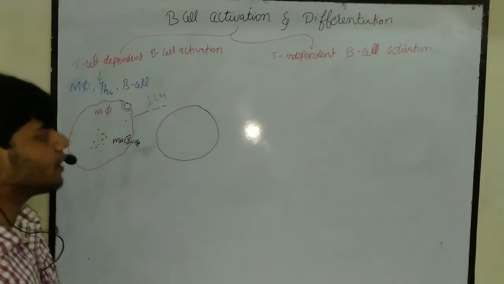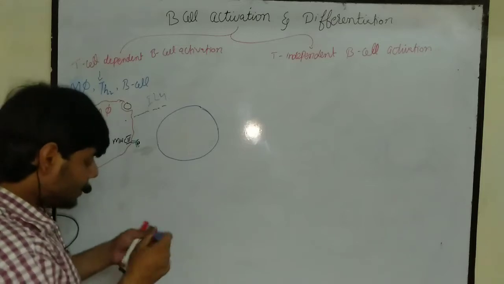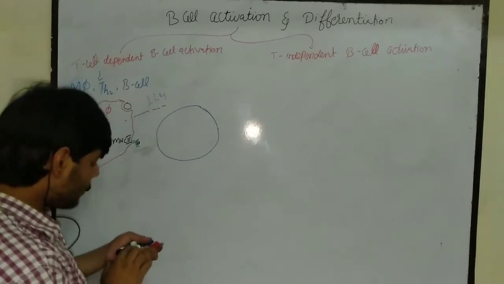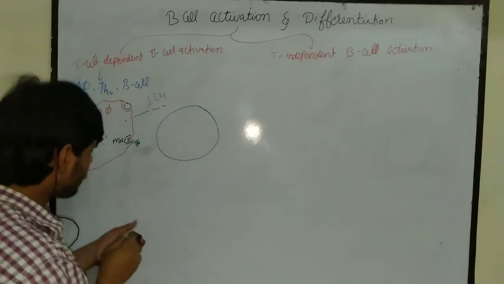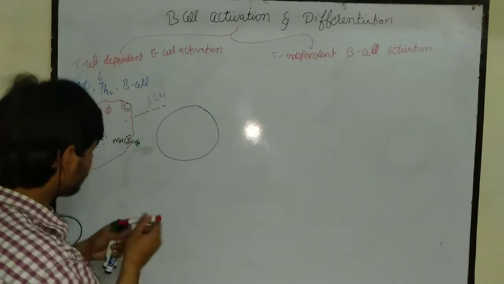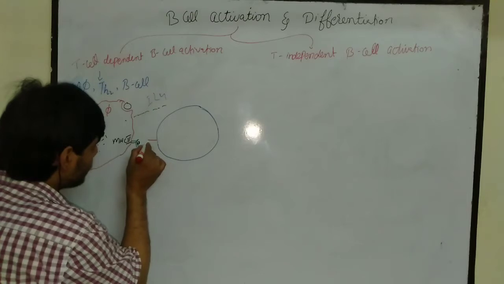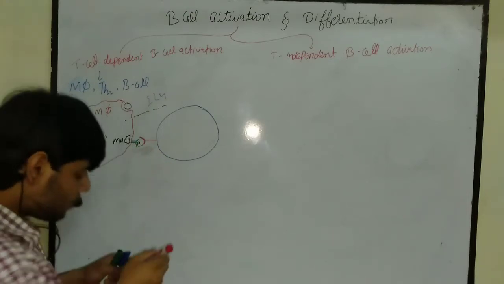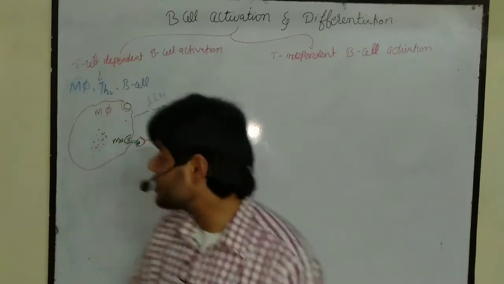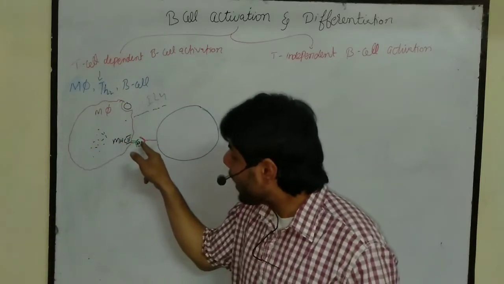Okay, after that we get the naive T cell. This naive T cell will also recognize this receptor. They also recognize the macrophages via the antigen.